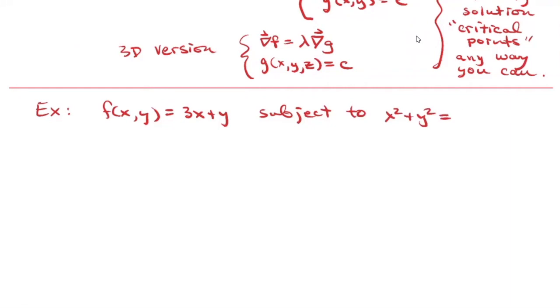Okay, so 3x plus y is just a plane. Let's see if I can sketch this. And of course, x squared plus y squared equals 10 is a circle. So there's my constraint curve down there. It looks like an ellipse, but that's a circle. Okay, and then I'm going to put a plane up here. And I'm not trying to be real precise right now.